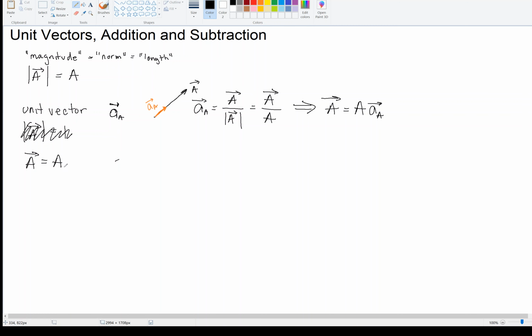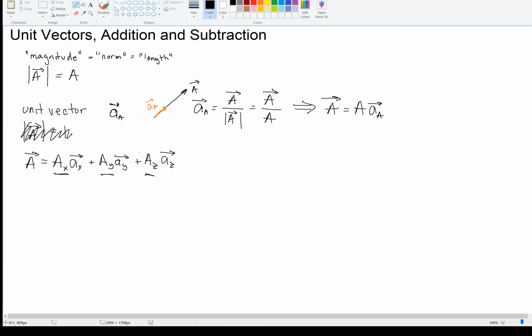I can write a three-dimensional vector as some component in the x direction, plus some component in the y direction, plus some component in the z direction. So we would say that Ax, Ay, and Az, uppercase that is, are the components of vector A.